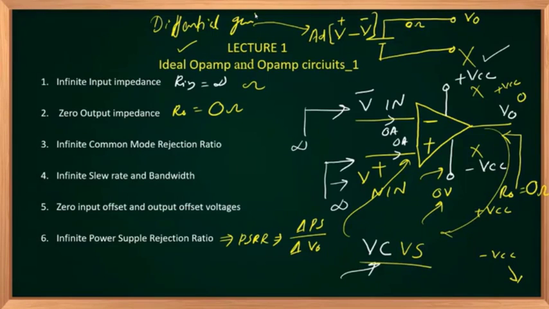And of course, there is the question of why it amplifies a difference in signals. What is the requirement for that? Why does it not amplify a common signal present at its input terminals? The answer is very simple. Common signals always imply noise. If you are keeping your op-amp in an atmosphere, there will be noise, and that noise will be common to both the negative as well as positive input terminals.